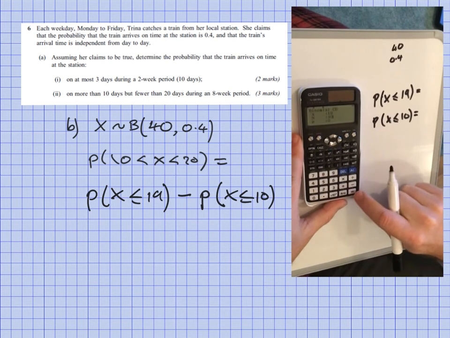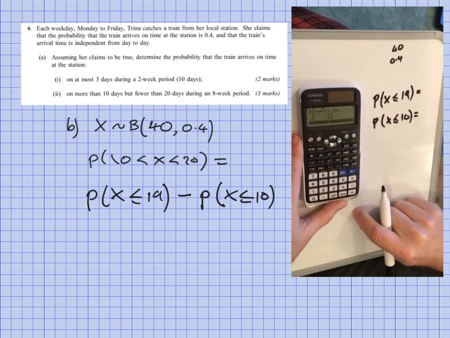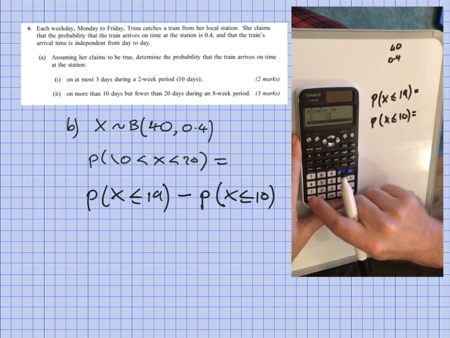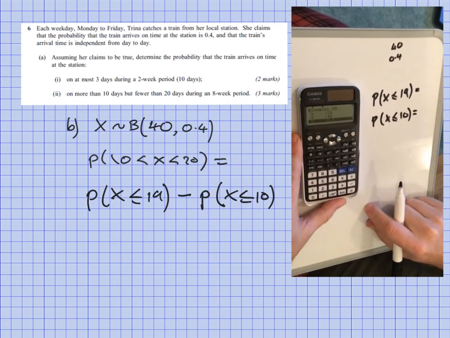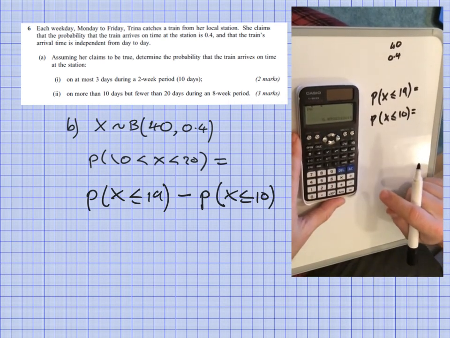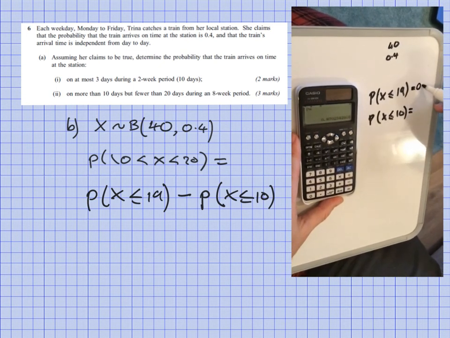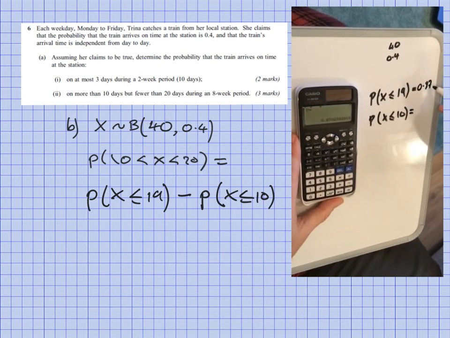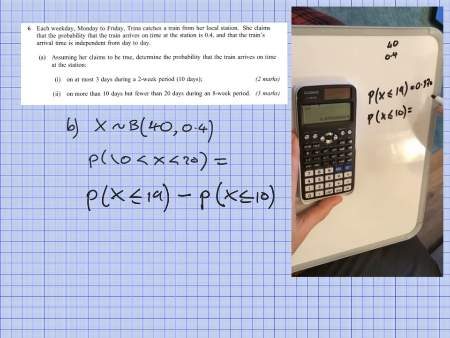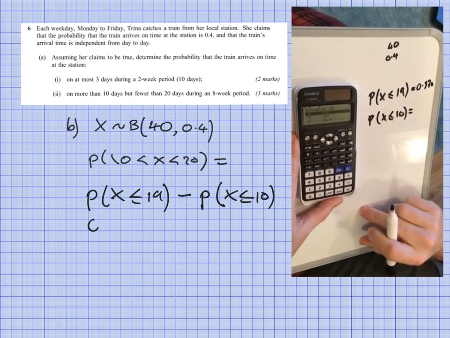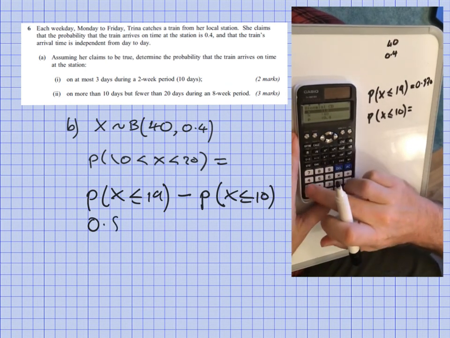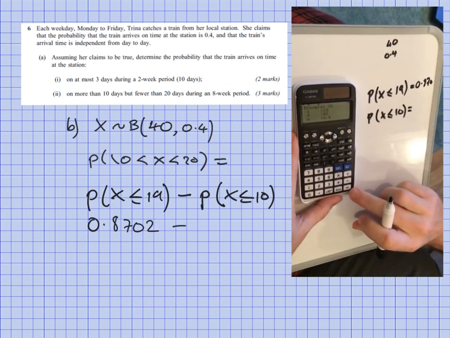We want 40 this time for the n, and the probability is still 0.4. Do that, get a calculation, and we find that that value is 0.8702.